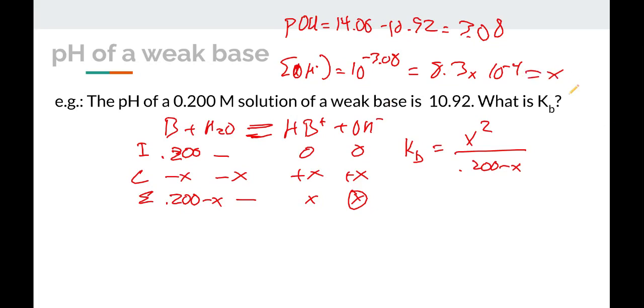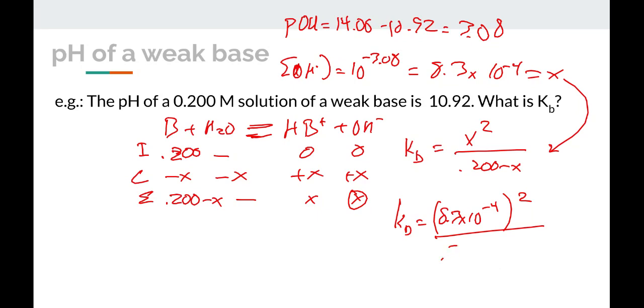So that is what X is in this equation. So our Kb value is 8.3 times 10 to the negative fourth squared divided by 0.200 minus 8.3 times 10 to the negative fourth. And that comes out to a Kb of 3.5 times 10 to the negative sixth for this base.